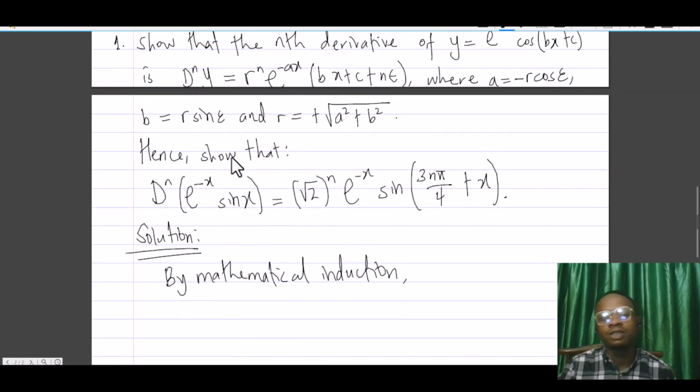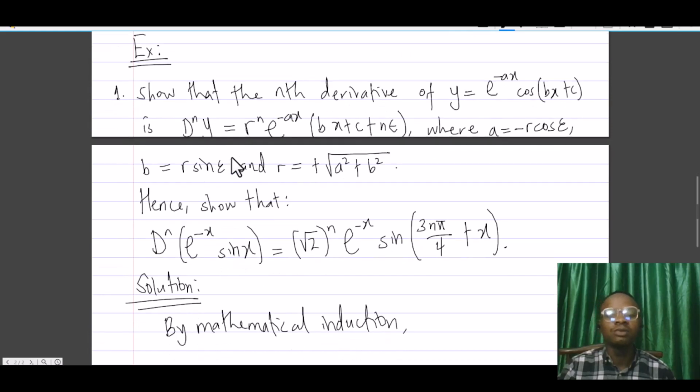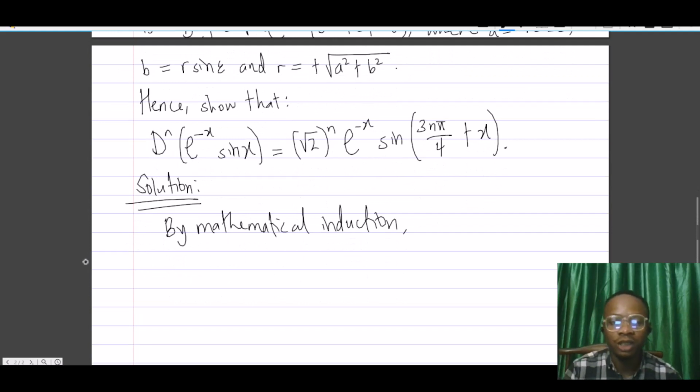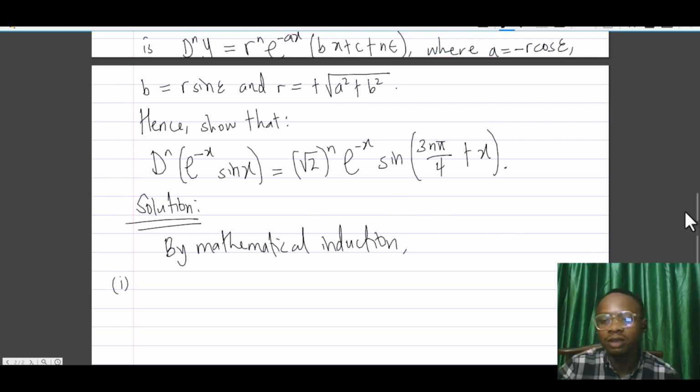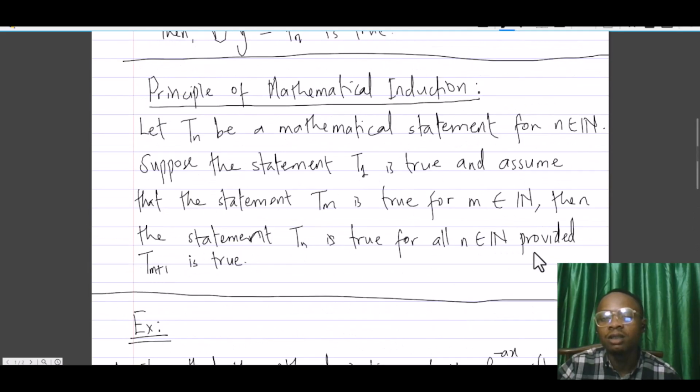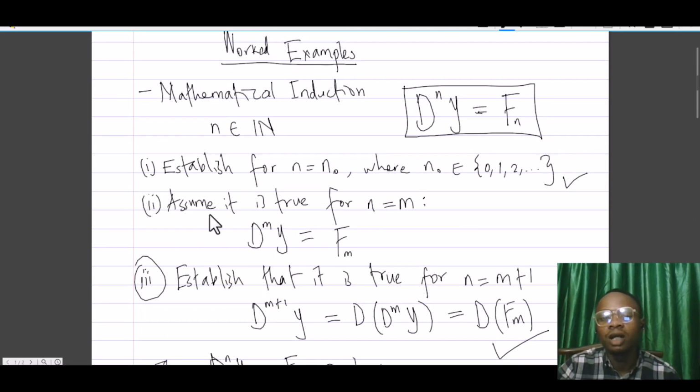So we'll firstly check if it is applicable to the first derivative. That is, will this be true for the first derivative? That is what we'll check right here. We'll go step by step as outlined when we started. We said that we'll be interested in what happens for n equal to n naught, that is the first term to which the general formula applies.